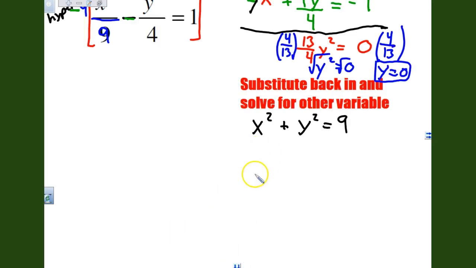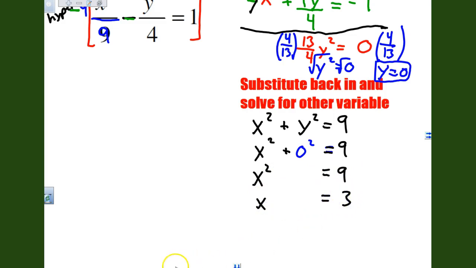Right, so we know we have x squared plus our y, which is 0, 0 squared, is 9. Is 9, which of course means x squared is 9, which means x equals what?